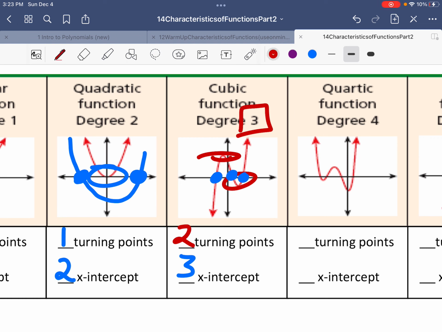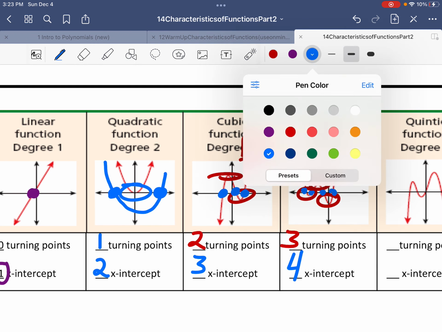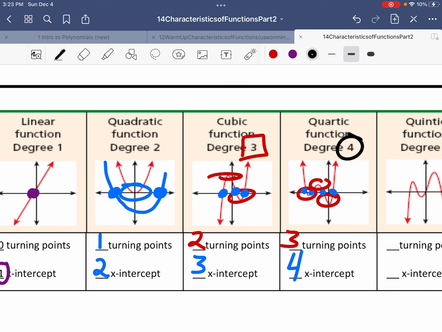And how about this last one? When it comes to turns, 1, 2, 3 places that it's turning. When it comes to x-intercepts, 1, 2, 3, 4 x-intercepts. It seems like the degree has a connection to the turns and the x-intercepts. If you even just look at this last one, it was a degree 4, and I ended up with 1 less turn, but I ended up with the same amount of x-intercepts.